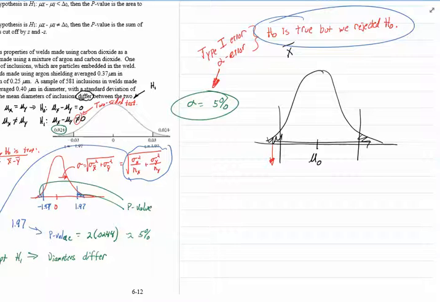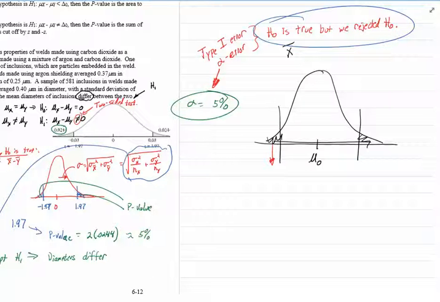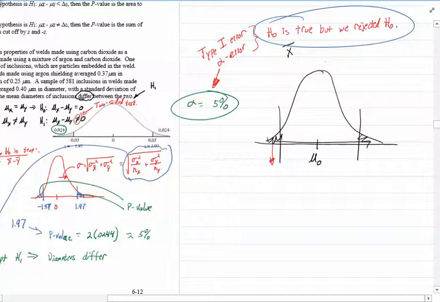If the null hypothesis is false, but we accept it or fail to reject it. That will be the other error that we'll talk about later. So the other error would be H naught is really false, but we fail to reject it. And that's going to be called beta error.